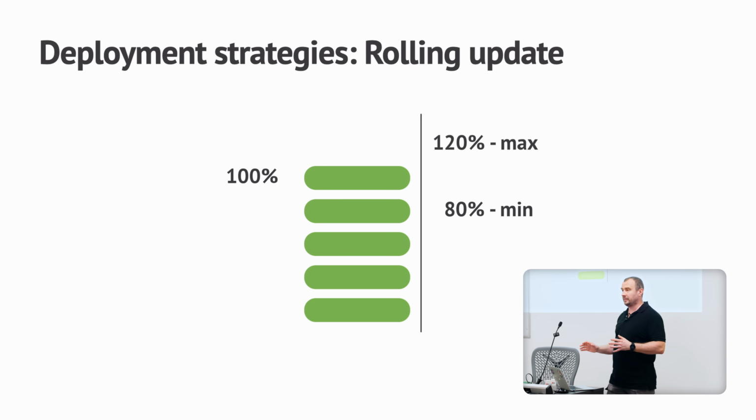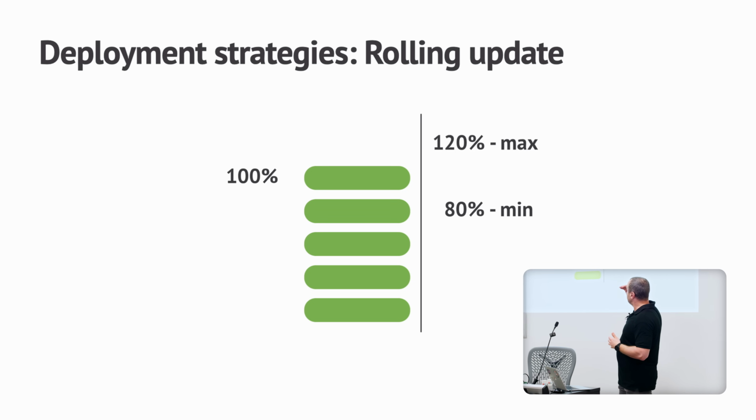For rolling update, we typically configure two parameters, minimum and maximum capacity. So let's say we have 5 application instances behind our load balancer, and we count that as 100%.